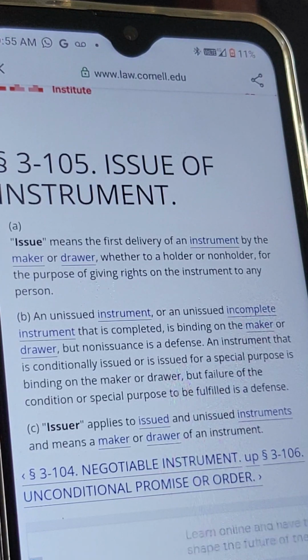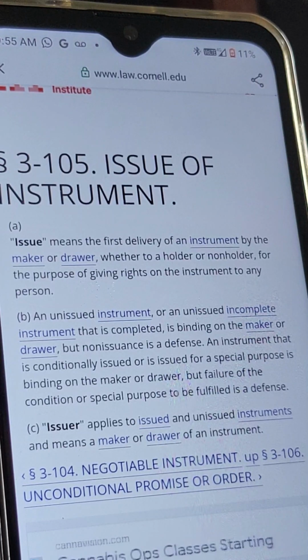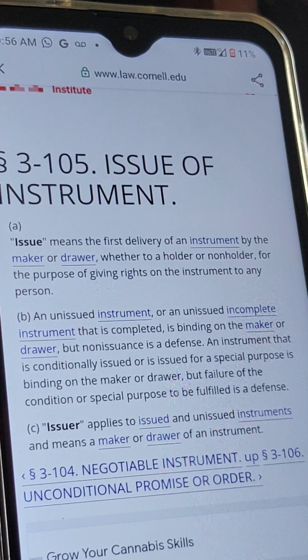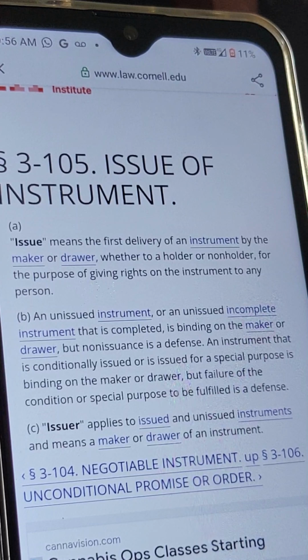An instrument that is conditionally issued or is issued for a special purpose is binding on the maker or drawer, but failure of the condition or special purpose to be fulfilled is a defense. So you didn't do what you had to do.